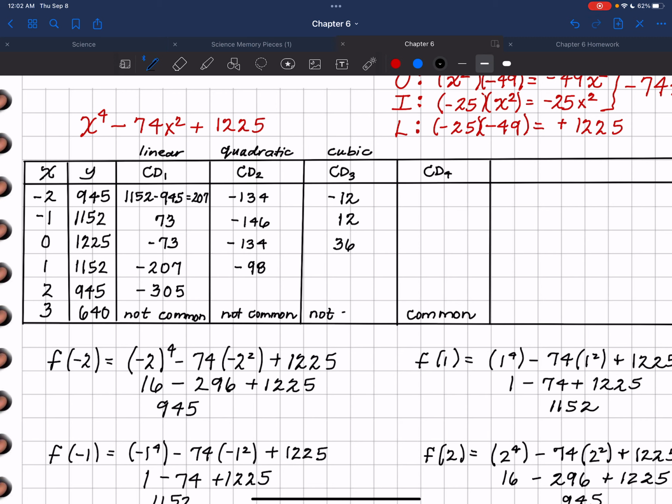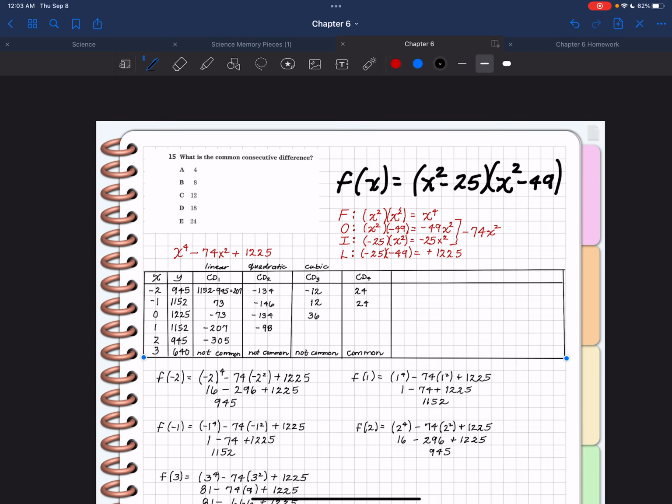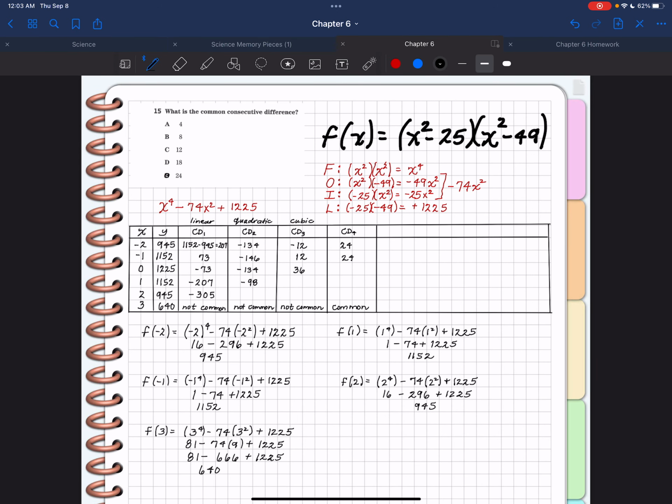So it is not common at the third level. 12 minus negative 12 is 24. And 36 minus 12 is 24. So the common consecutive difference is 24. And that's what we were trying to find. It's going to be E on that one.